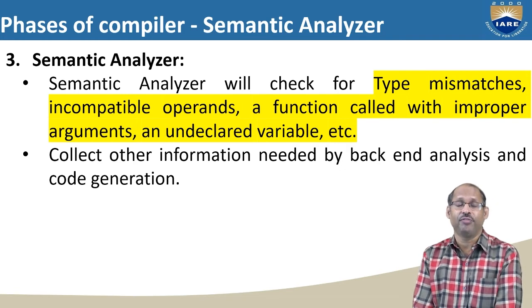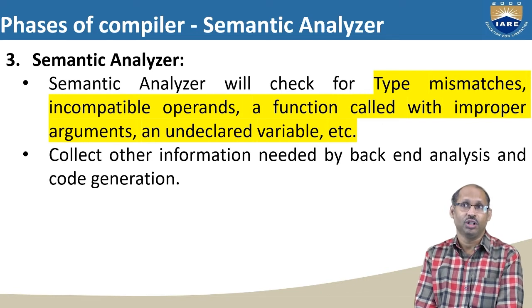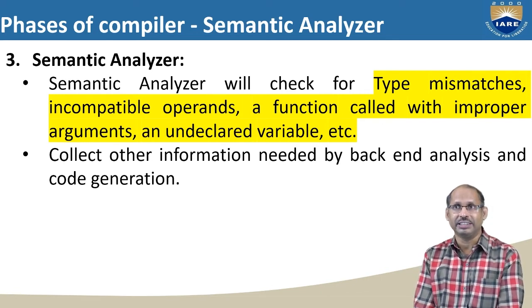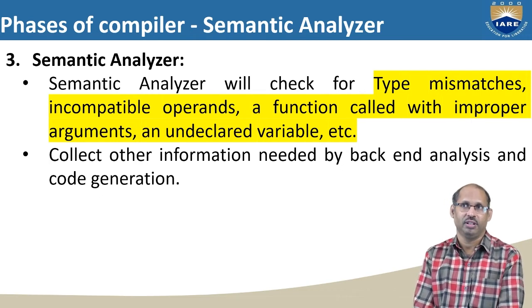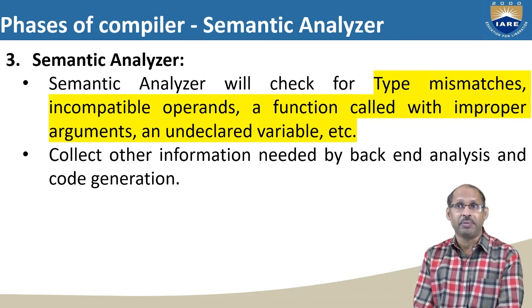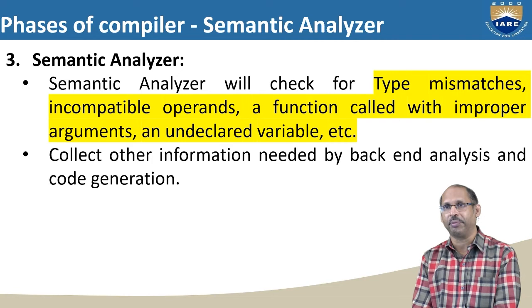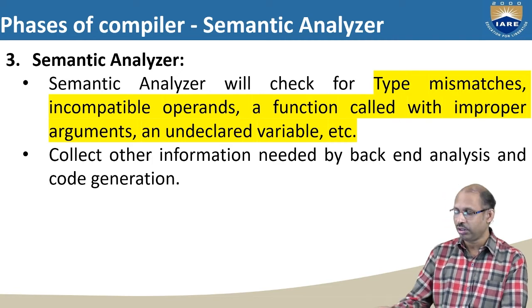So this type of conversion will be done by the semantic analyzer. Because if you are doing any assignment, both operands should be of the same type. If not, the semantic analyzer will take care of it and convert one data type to another data type, making both of them equal data types, and perform the respective assignment operation, right? We'll see.